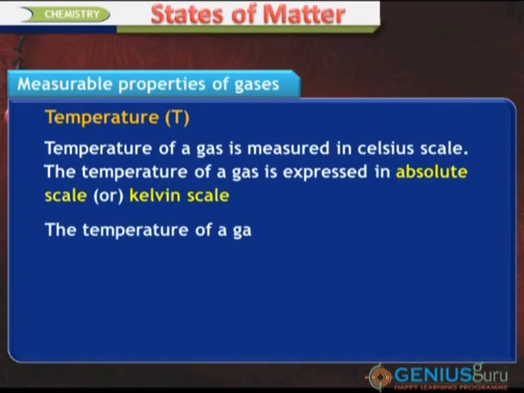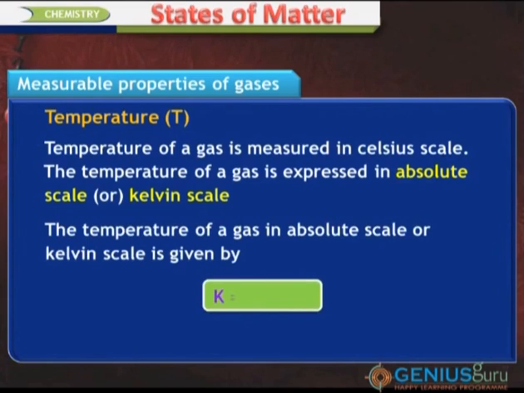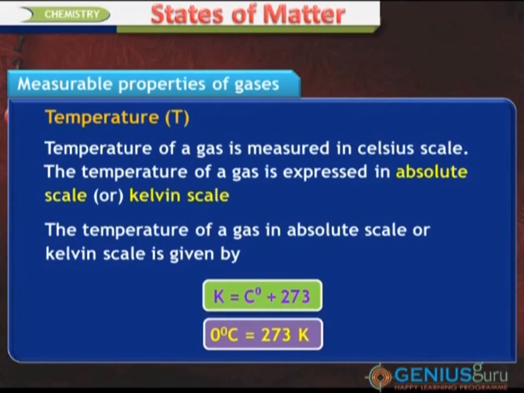The temperature of a gas on the absolute or Kelvin scale is given by Kelvin equals degree centigrade plus 273. This is the conversion between the degree centigrade scale and the Kelvin scale. If you are given a temperature in centigrade, we can convert it into Kelvin simply by adding 273. So 0 degree centigrade is equal to 273 Kelvin. These are the measurable properties of gases.